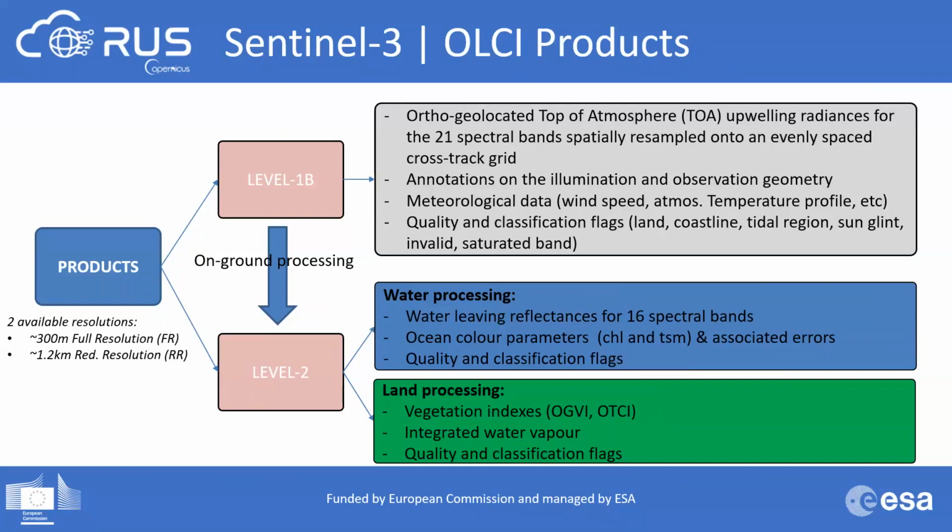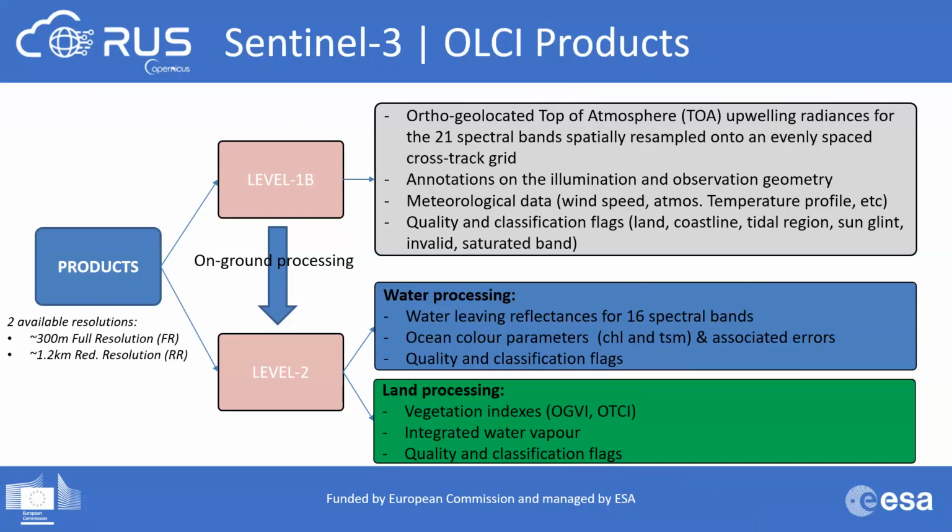So the level 2 products that are output by the water processing chain contain the water-leaving reflectances for 16 spectral bands. You will also find key ocean color parameters such as the chlorophyll and total suspended matter concentration and their errors. And again, quality and classification flags.